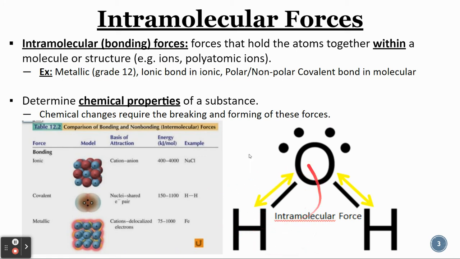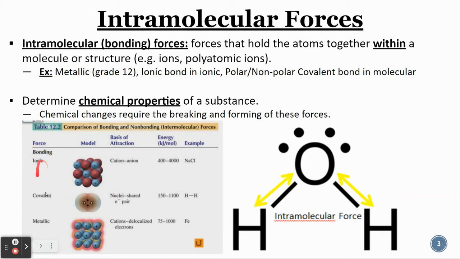The main intramolecular forces that exist are the ionic bonds found in ionic compounds, the covalent bonds found in molecular compounds, and also in grade 12 you learn about something called the metallic bond, which is basically a force that helps to hold metal atoms together and gives them their properties like being able to conduct electricity.